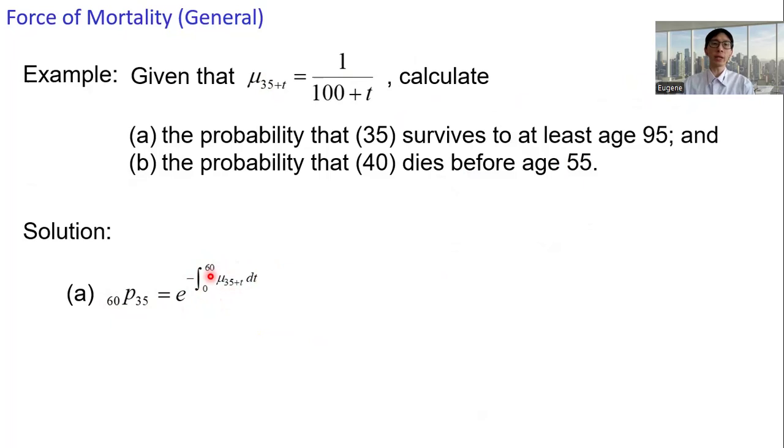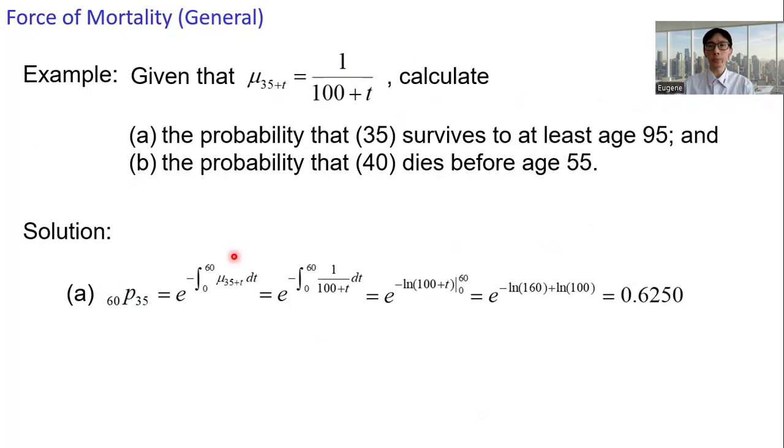This is the future lifetime. We need to get the value of 60p35. So we do the integration of the force of mortality from age 35 to 60 years later, to age 95. All right, do the integration and the exponentiation. We get the probability 0.6250.